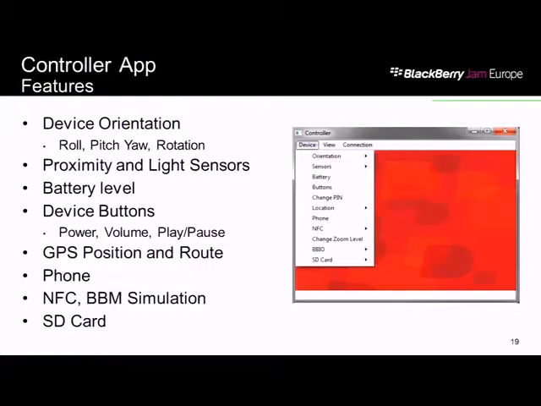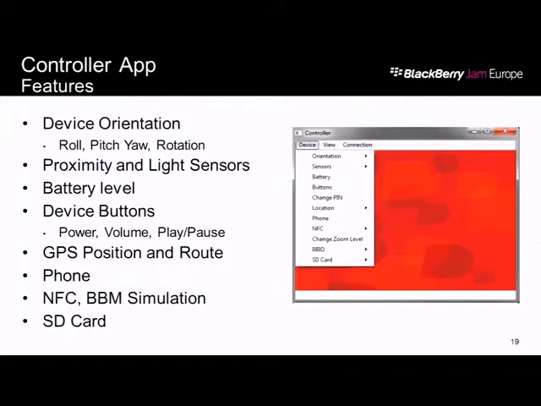And then just running through all the different features that we have available for the device for testing. These are just high level. If you go to our website, which there's a link to at the end of the presentation, you can get the full description details and exactly how to interact with all of the different ones. Going from top down, we have device orientation, being able to do things like setting the roll, pitch, and yaw, as well as setting rotation.